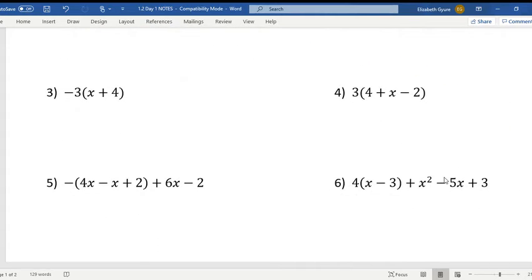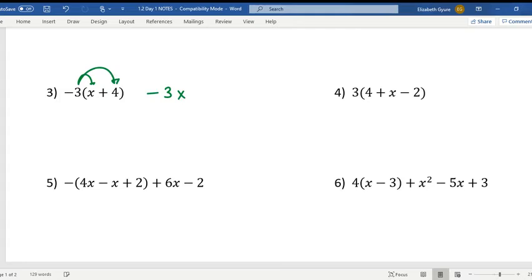All right. Number 3. You got negative 3 times x plus 4. So negative 3 times x. You got one negative and one positive. What's a negative times a positive? A negative. So that's going to give you negative 3x.